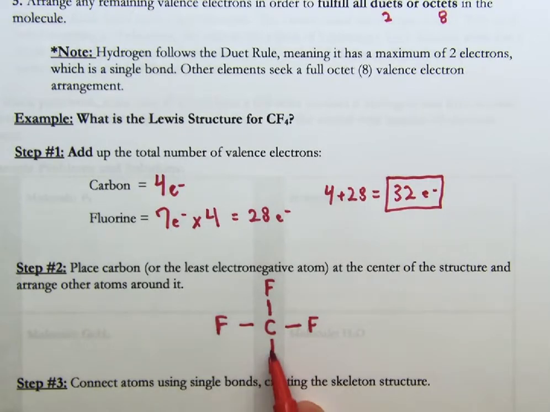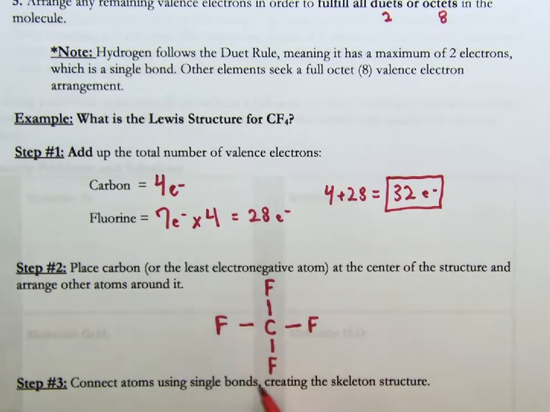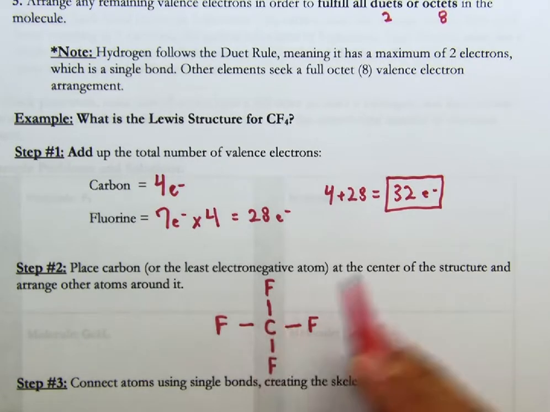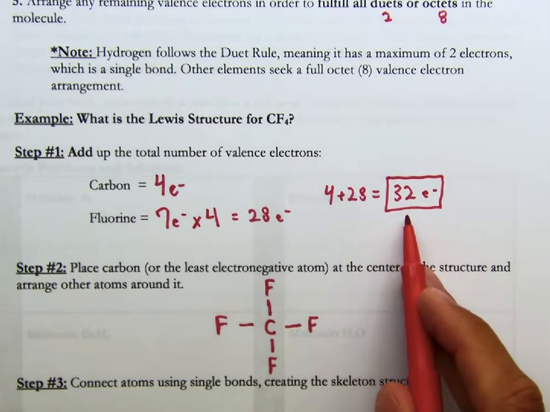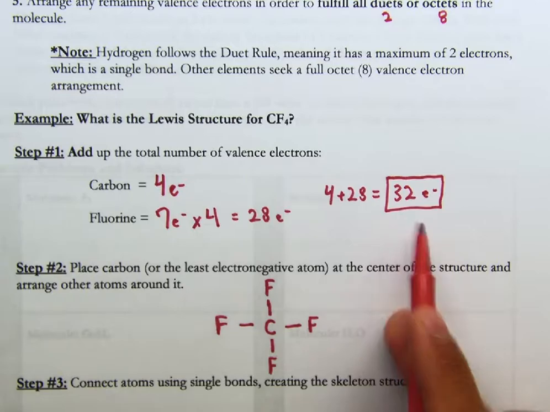Now, each of these is 2 valence electrons. So of the 32, in making this structure, we have now used up 2, 4, 6, 8. We've used up 8 of these. So the next step is going to have us subtract 8 valence electrons from the total, which is 32.